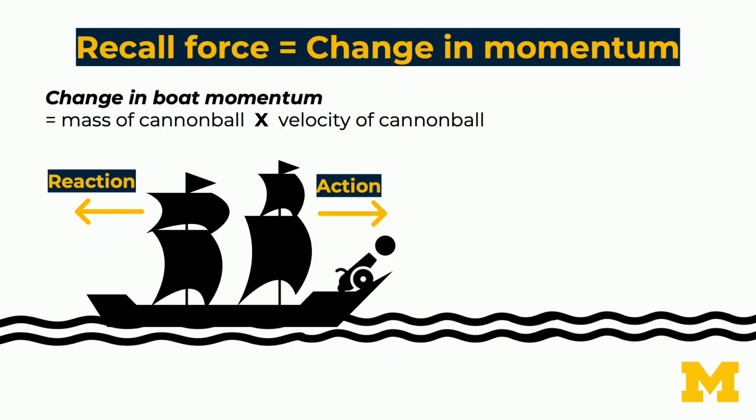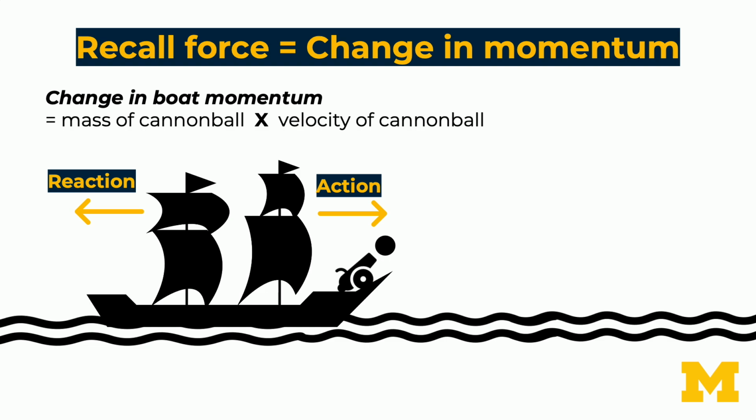One of the lessons before, we talked about forces, and that forces can be equivalent to changes in momentum. And so we're going to use that concept to talk about thrust today. A good example of how rockets use thrust to move is a cannon on a boat.